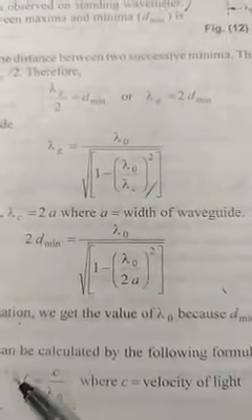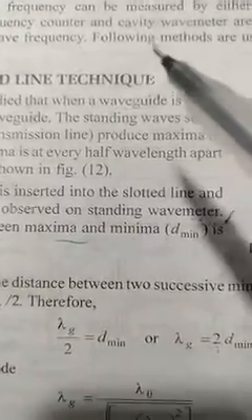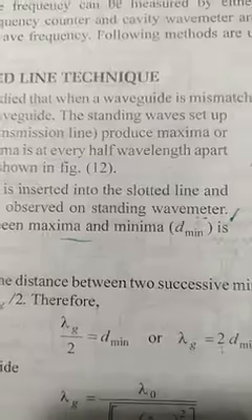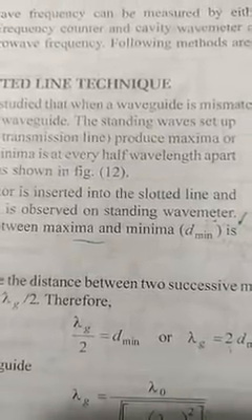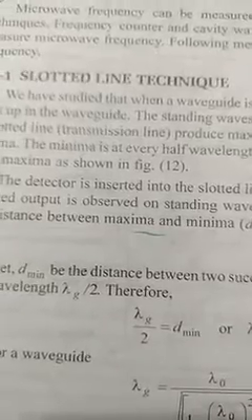So we can calculate the operating frequency of the reflex klystron, or of the mode through which it is moving. Likewise we can calculate the frequency with the help of the slotted line technique.